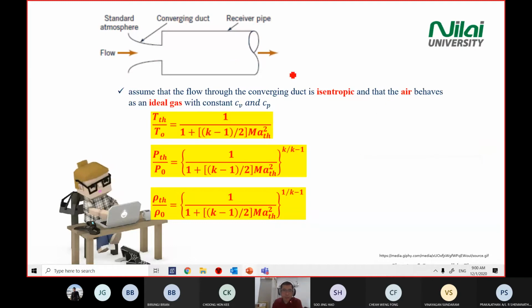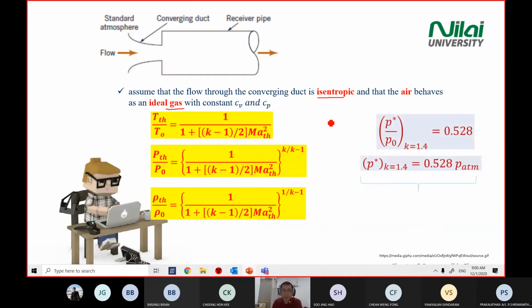Okay, so we assume that we have an isentropic flow and it behaves as an ideal gas with constant Cv and Cp. In this scenario, if you see the equation on the screen here, you see a star, it means that it's a choke point.